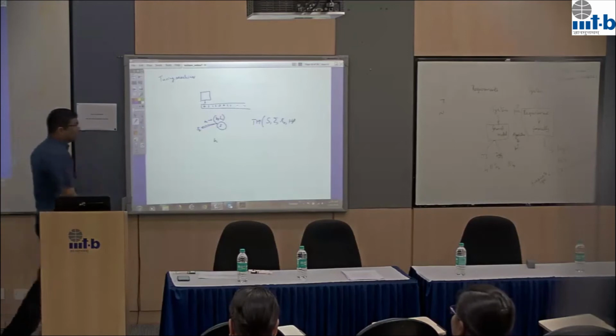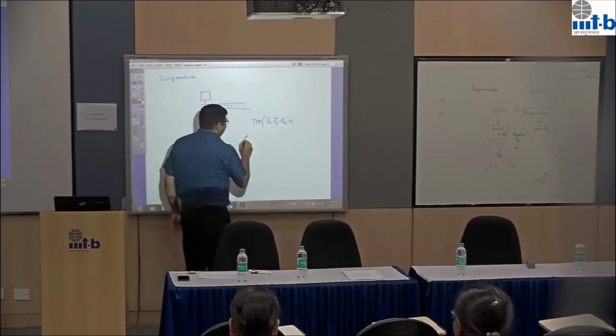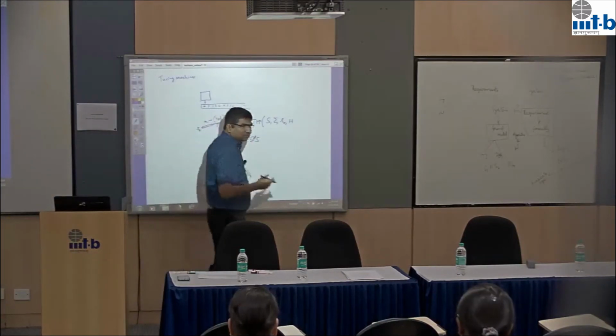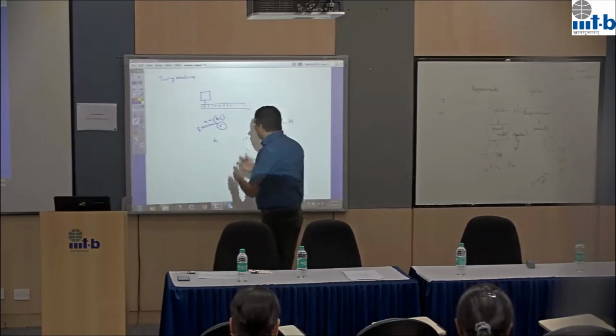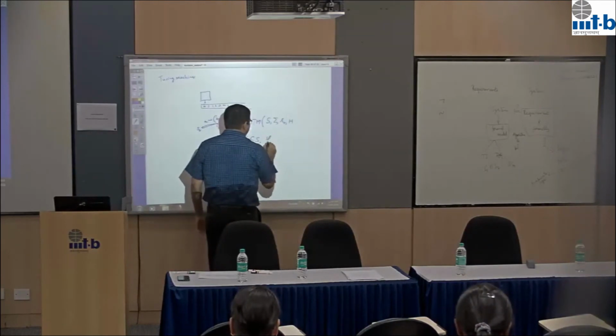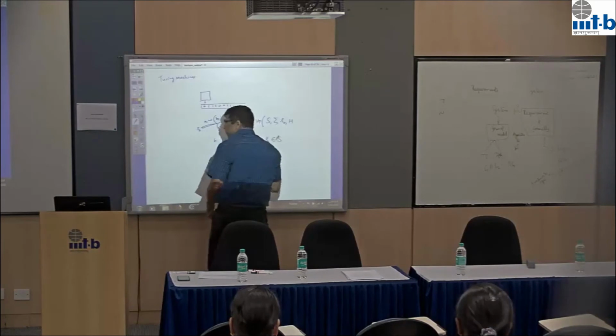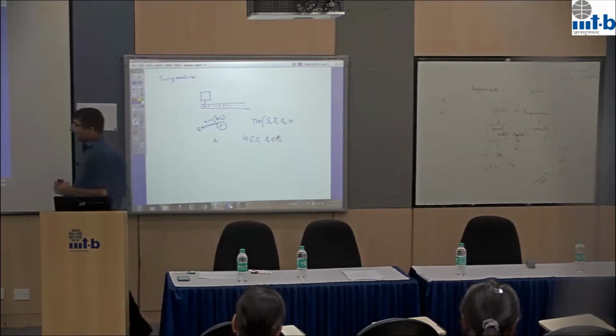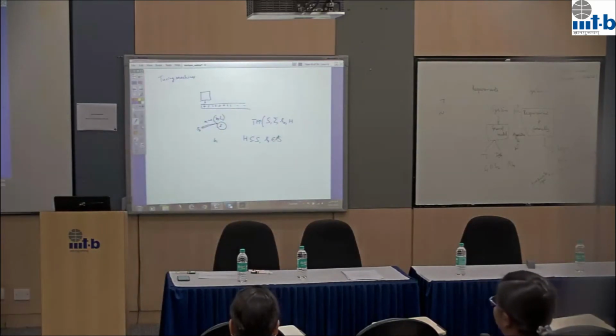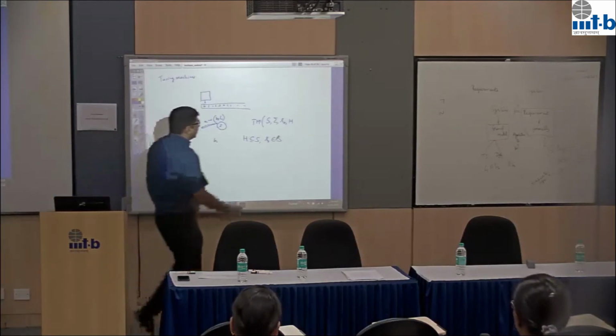How is H related to S? H is a subset of S. How is S naught related to S? S naught is a member of S. So a subset of the states are called the halting states, and of course you have a transition function.